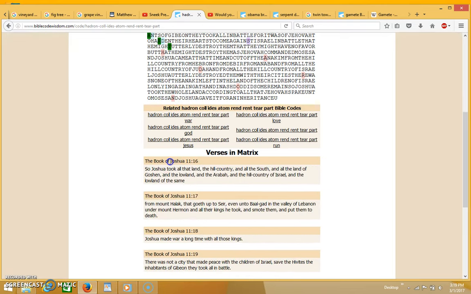This is coming up in Joshua 11. And Joshua is the name Jesus. In the Old Testament, it's Yeshua or Yehoshua. It's how you say Jesus in Hebrew. And this is coming up in chapter 11. And so I'm going to start reading with verse 16.